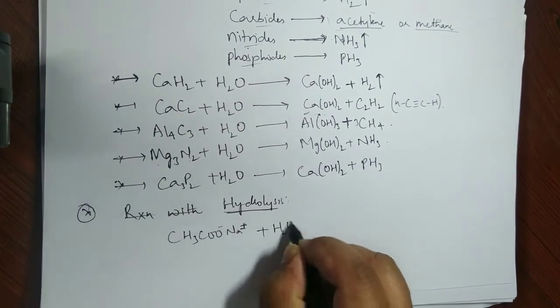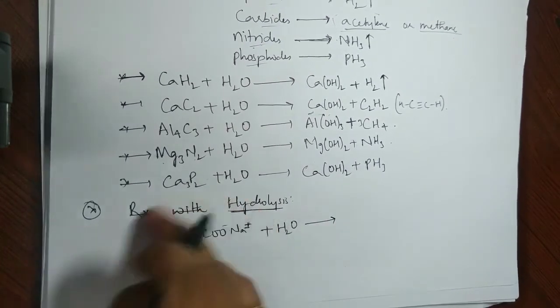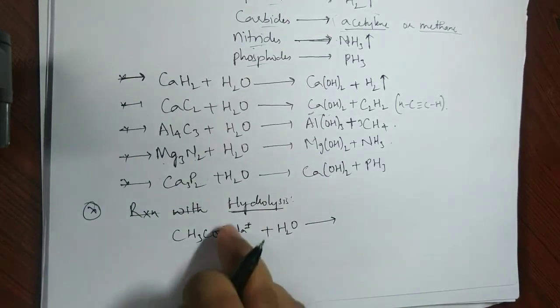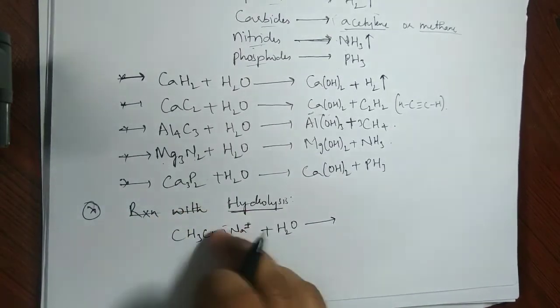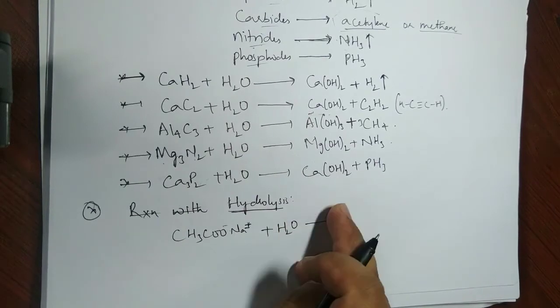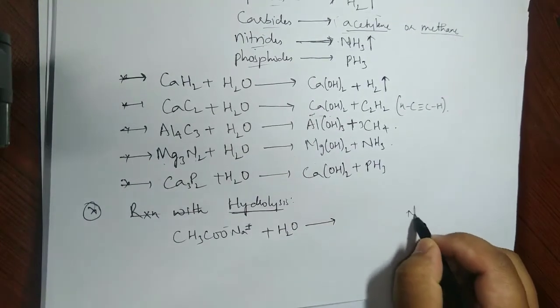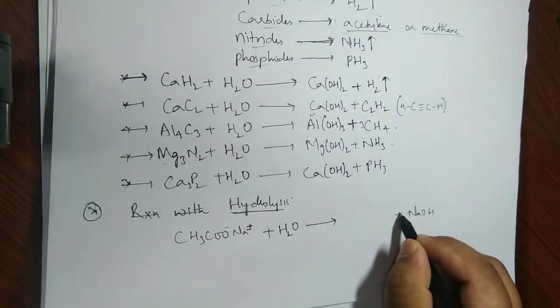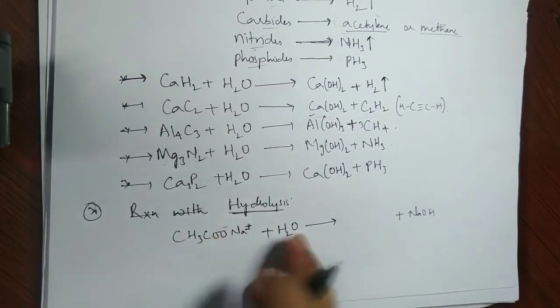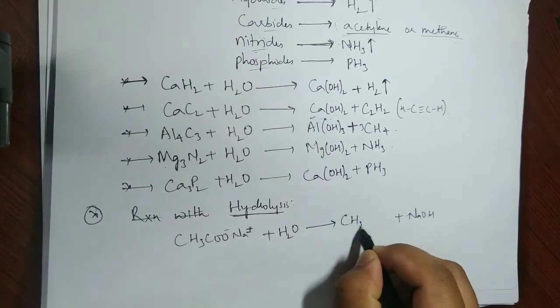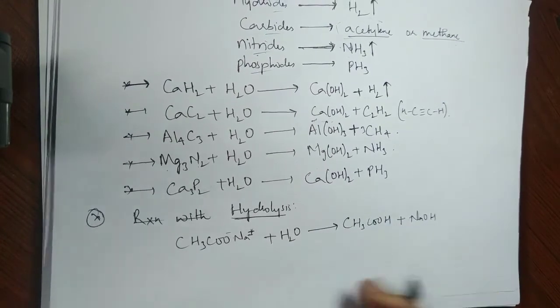with water, what do you expect? As soon as you drop this in water, this negative part comes out, positive part comes out. Here also H plus and OH minus, and so OH minus will go with Na plus, forming our NaOH, plus CH3COO minus will go with H plus, forming CH3COOH.